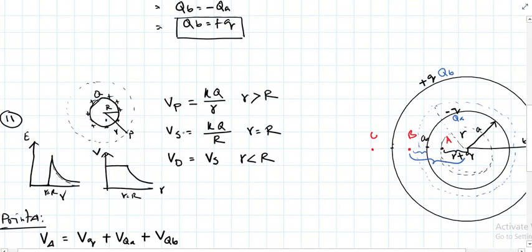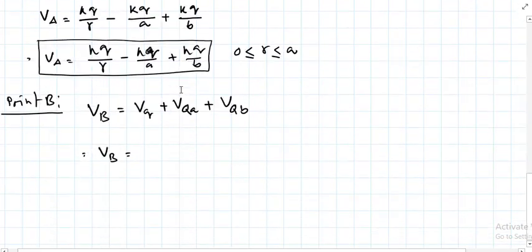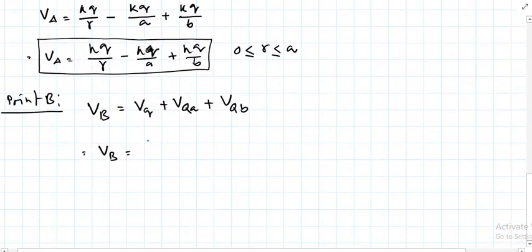For a spherical conducting shell, the electric potential outside of the surface is kq by r, where small r is greater than the radius of the bigger sphere. So this is the electric potential by the small charge at the center, kq by r.